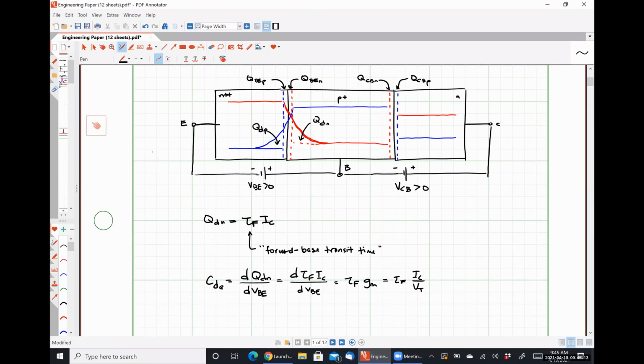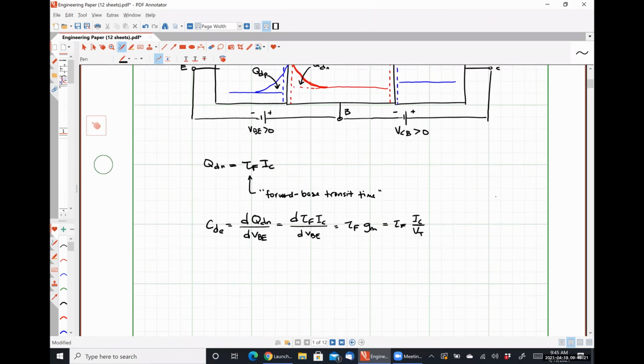And we'll start with our depletion capacitance found at the base emitter junction. So we're going to call that guy CJE, okay? Now CJE, since it is a junction or depletion capacitance, is due entirely to the charge stored within the space charge layer or depletion layer. That is very well defined based on what we know about reverse bias PN junctions from way back at the beginning of ELEN 335.